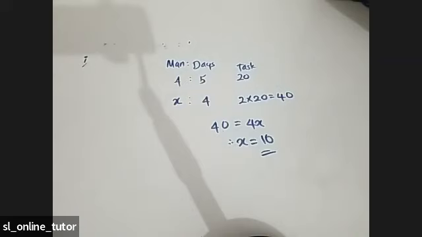Write down quickly: 3 persons need 6 days to complete a certain task. Okay, done?